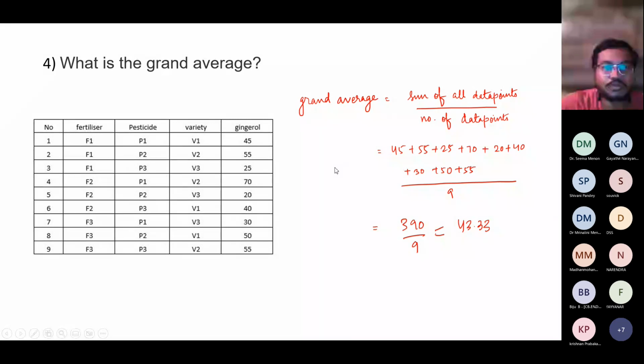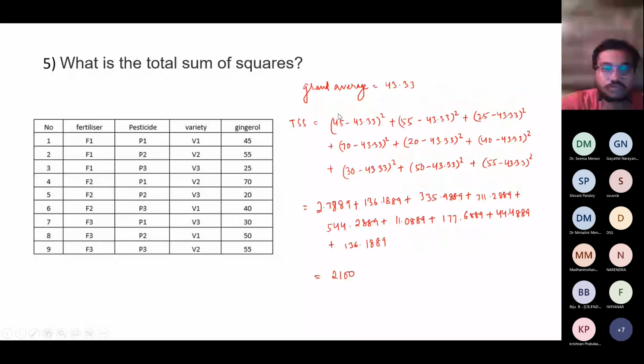Then for total sum of squares, we subtract each data point from the grand average, we square it, and we add all of these to get the total sum of squares. Are these questions clear? Yes, sir.